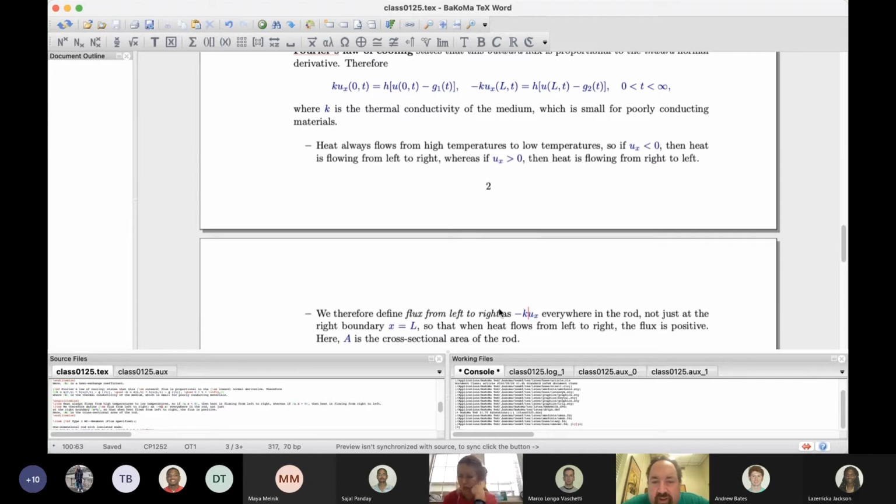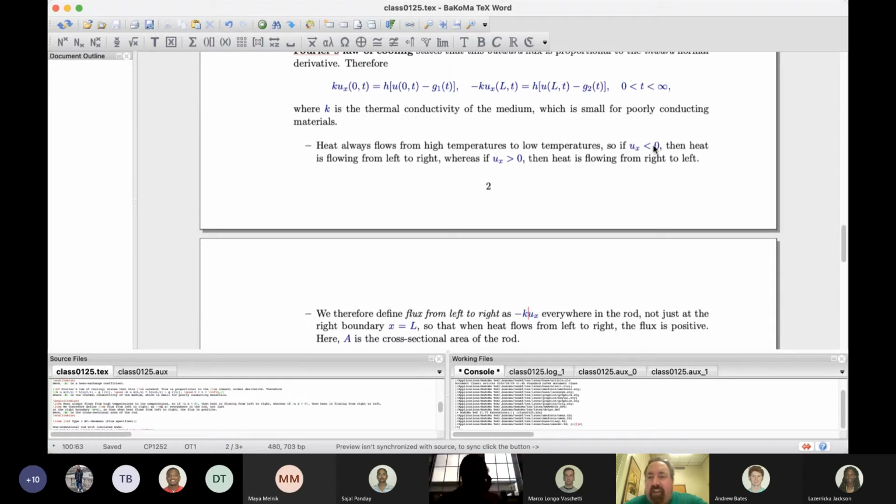Okay, so flux from left to right is defined as minus k du dx. So the reason why it's defined that way is that let's suppose that du dx is negative. Then heat's flowing from left to right, because what's happening is du dx is negative. That means that U is decreasing.